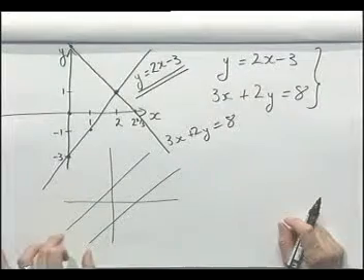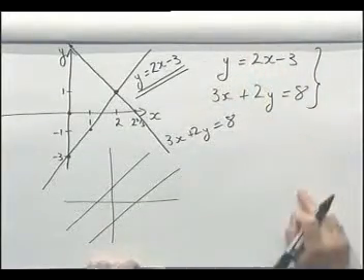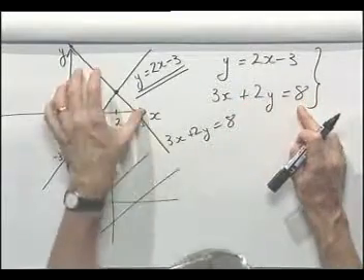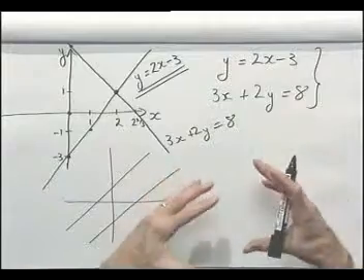And one of the examples that we're going to be looking at later will show what happens in terms of the arithmetic when we have this particular case. But for now, let's go back and think about these two. How can we handle these two algebraically so that we don't have to draw graphs? We don't have to rely on sketching. We can calculate, which is so much easier in most cases than actually drawing a graph.